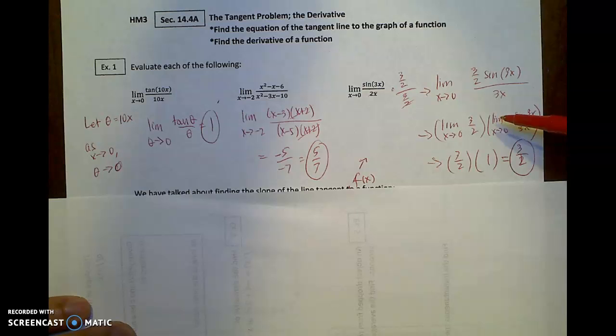Using the properties, the limit of a constant is just that constant, and the limit as x approaches 0 of sine theta over theta, in this case sine 3x over 3x, is just 1. So the limit for this function as x approaches 0 is 3/2.